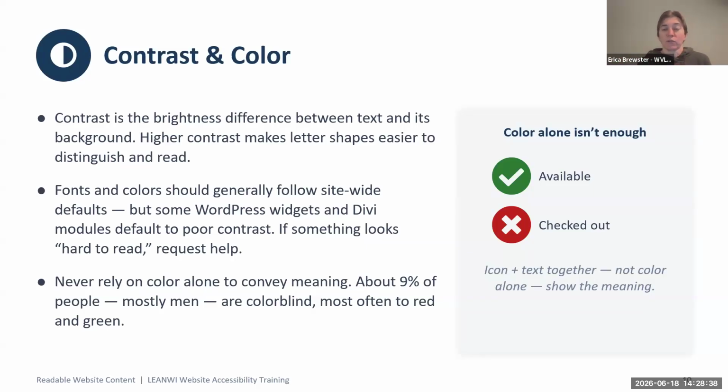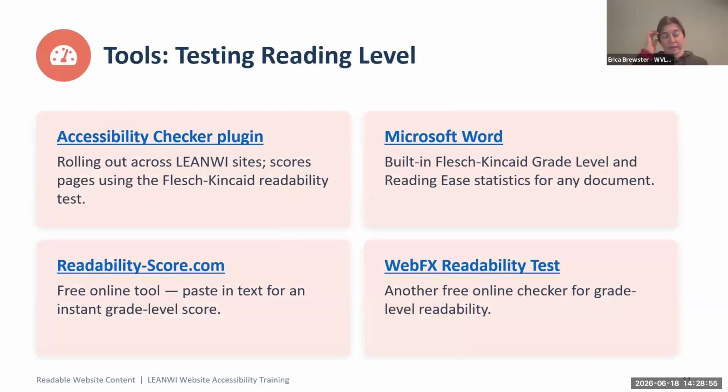This goes for posters, this goes for tickets, or things that you might be handing out. Make sure that you have words and or symbols that go along with that red-green color so that people know what it is indicating if they can't see it.